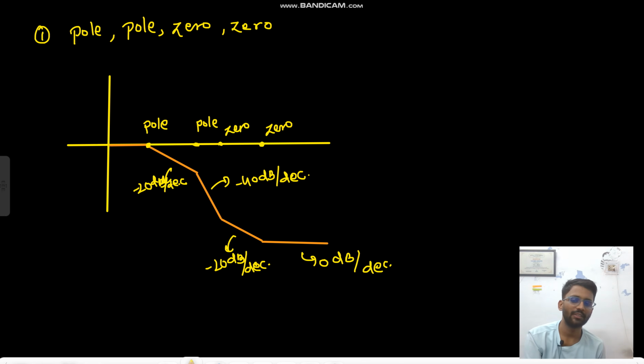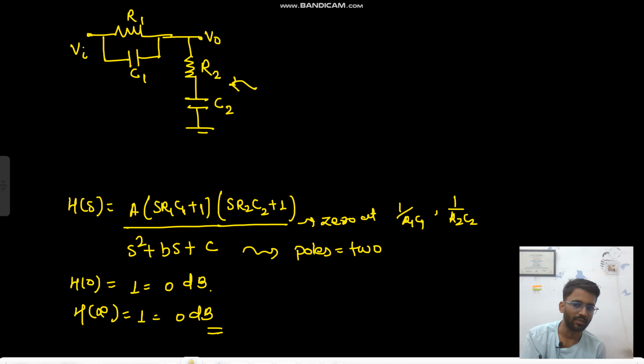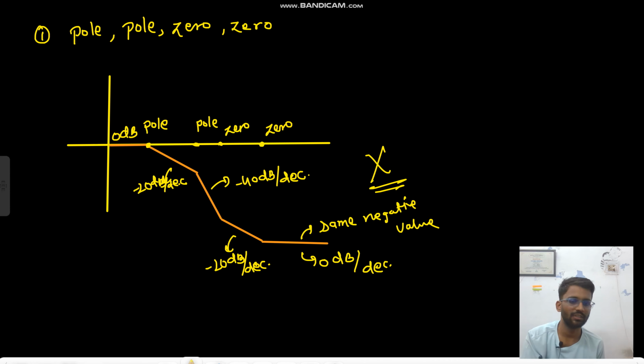So with an equal number of poles and zeros, eventually it will go to 0 dB per decade, but here you had 0 dB and here you had some negative value, right? So this is not correct. You should start from 0 and end up with 0 dB only, 0 to 0. So this is not correct.